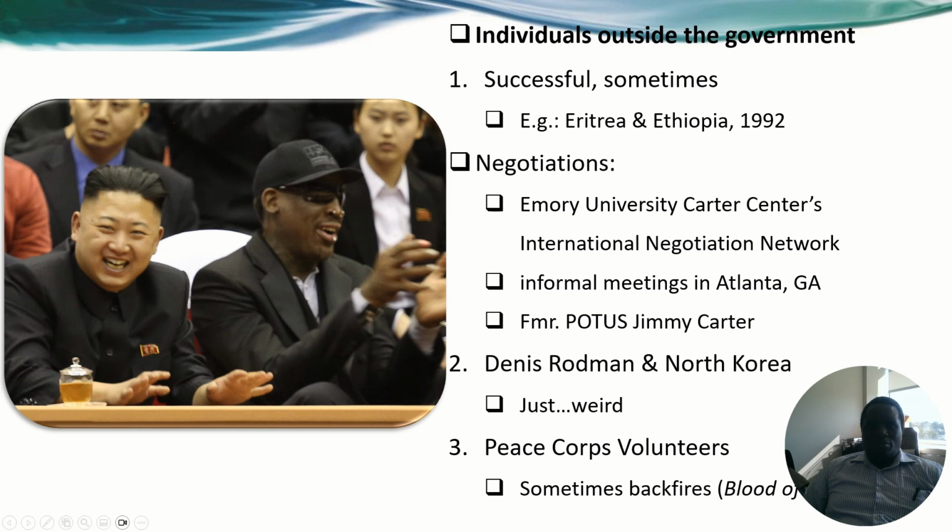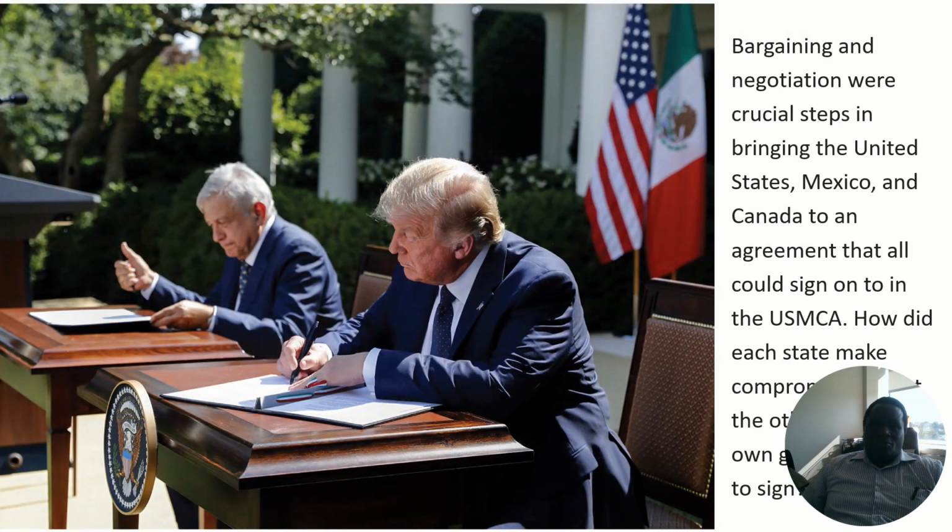As an example, Blood of the Condor was almost a major backfire on the US. So informal diplomacy, you see, for example, the US, Mexico, and Canada negotiating in a formal agreement to create or to replace NAFTA with USMCA.